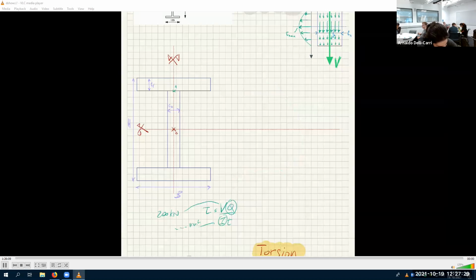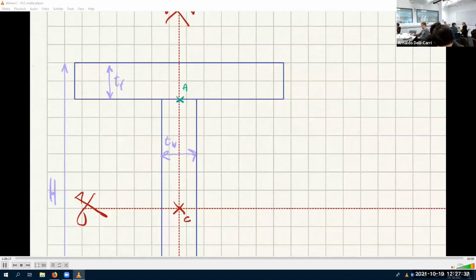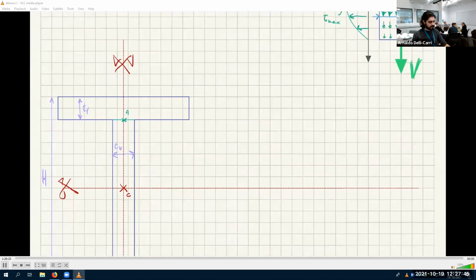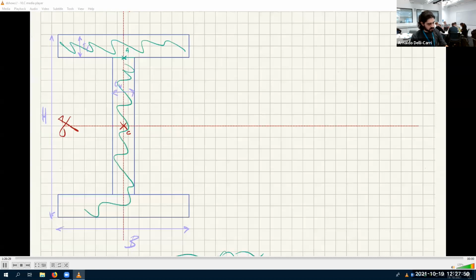We need to find Q. What is Q? The first moment of the shaded area. Okay, what's the shaded area? This is T. So this is where I want to find the stress. The shaded area is either the top area or the bottom area. Which one is easier? The top area. It's already a rectangle.